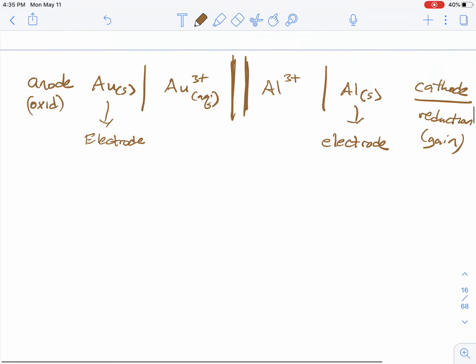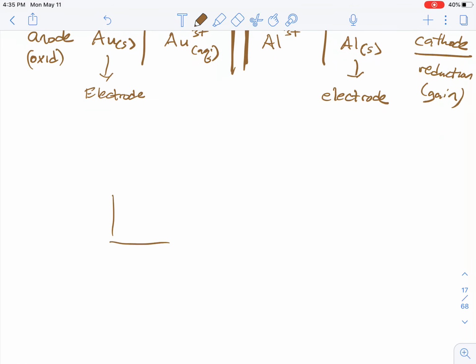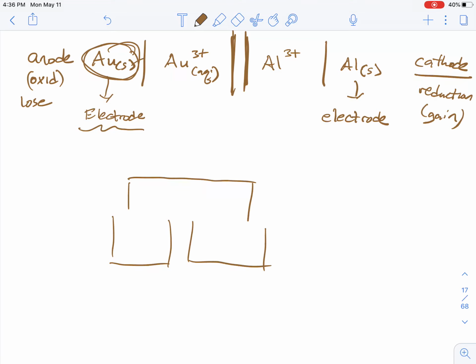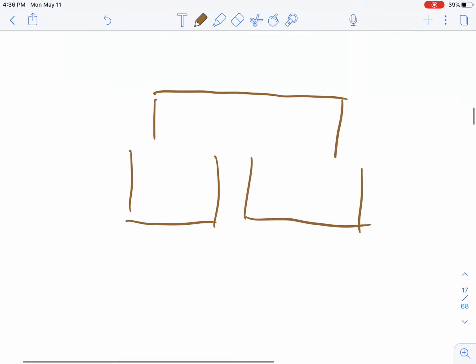So what's going to happen is that if you have these two half cells, and as this reaction occurs over time, since your gold electrode is going to lose electrons, the gold atoms will be transformed into its ionic form. And so at some moment in time, you are actually going to see your gold shrivel and shrink as the forward reaction continues.